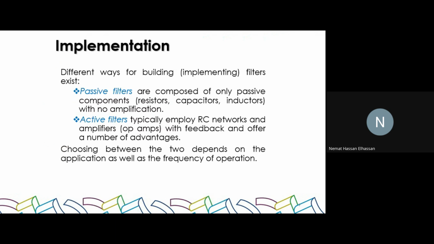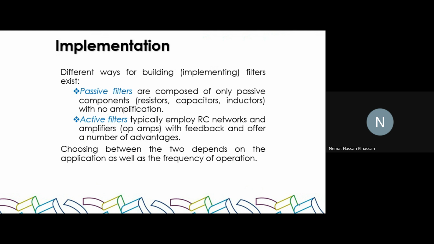Now, how do we build a filter circuit? There are two options. You can either build a passive filter or an active filter. The only difference between passive and active is the presence of active components. What does that mean? When I want to build a filter, I have to choose from resistors, capacitors, and inductors to build my filter.